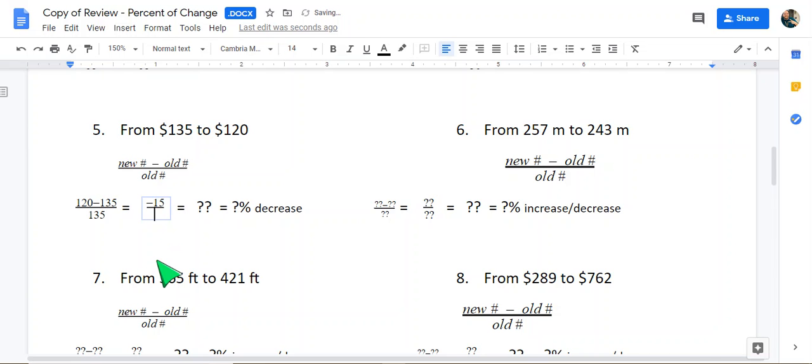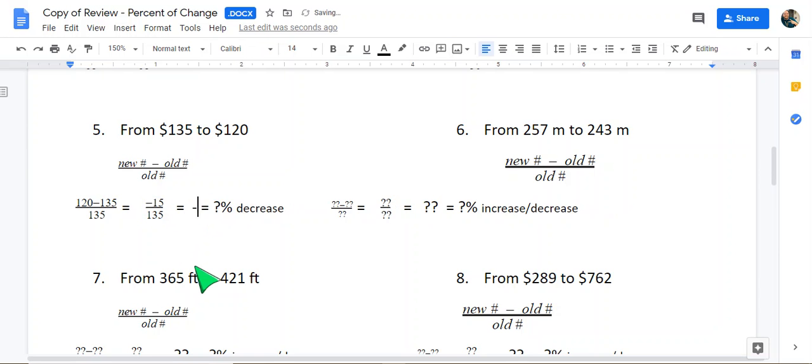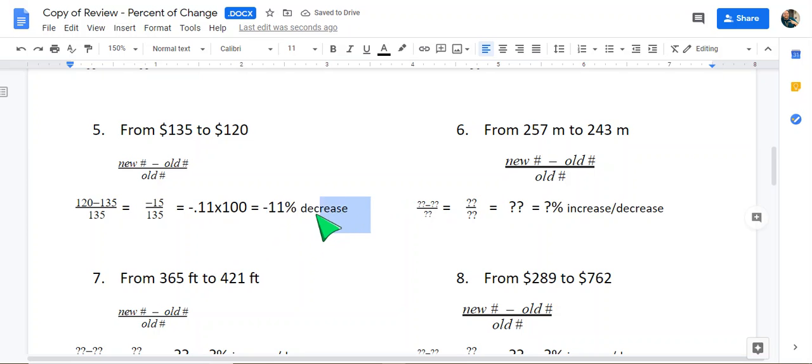And then here I keep the old number, 135. And then I do negative 15 divided by 135. I get negative 0.11. Remember, I need to change this to a percent, so I multiply by 100, and I get negative 11. But because I already said decrease, I could just say 11% decrease.